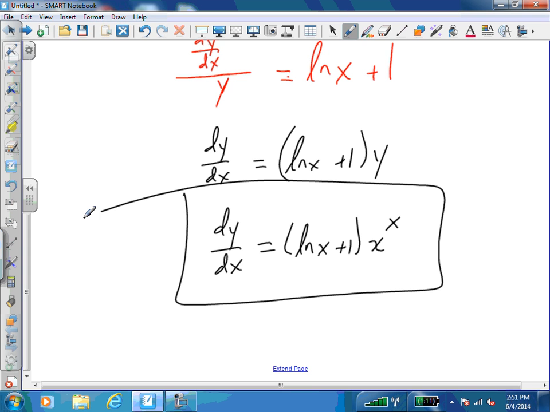So we took something that we did not have a rule for taking the derivative, but we just did a little bit of algebra to move our equation around until we were able to come up with something that we did know how to take the derivative of. Now that's rare that we have a function that we don't have a rule for taking the derivative of. Most any function that we're going to deal with, we have a rule for taking its derivative.